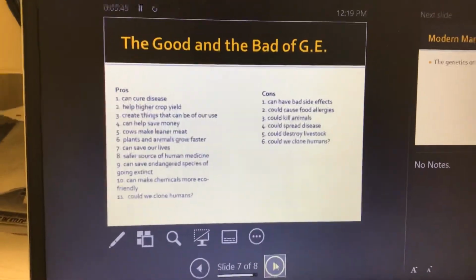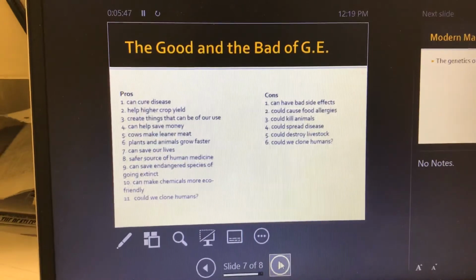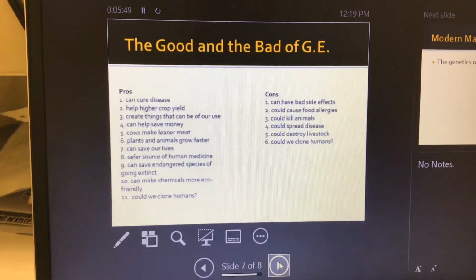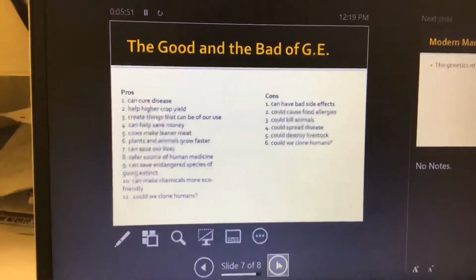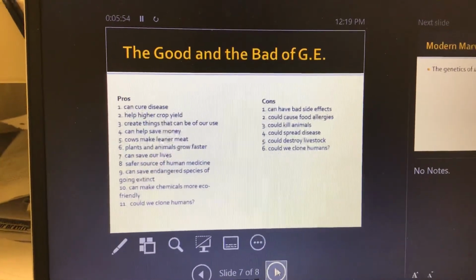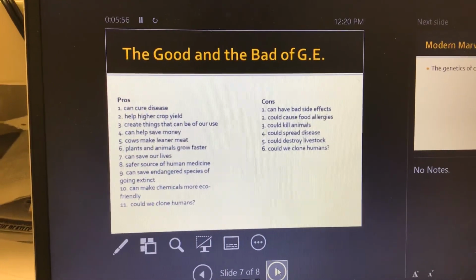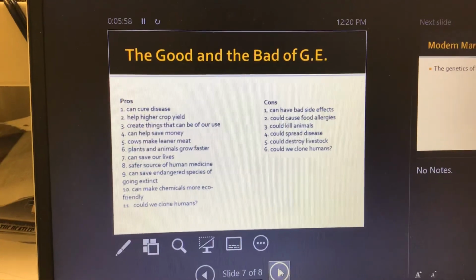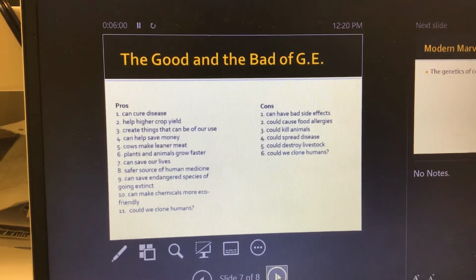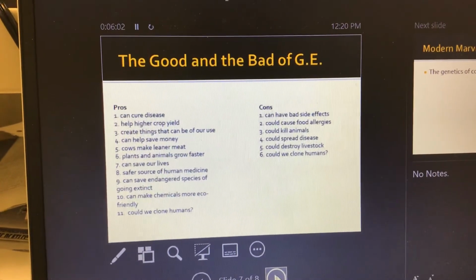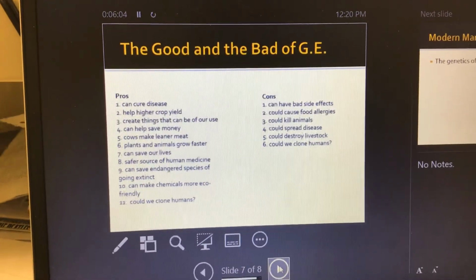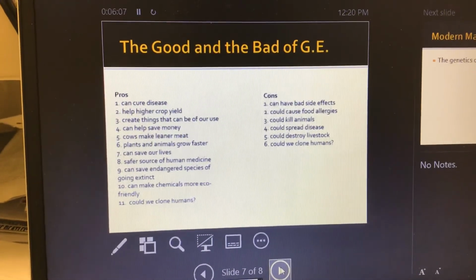With anything, there are good and bad things. Some of the pros, it'll help produce more crops, disease resistant, help us more food, more medicine. There are some side effects. Some people believe that genetically modified things give you food allergies, and there's some things that we're not sure about.